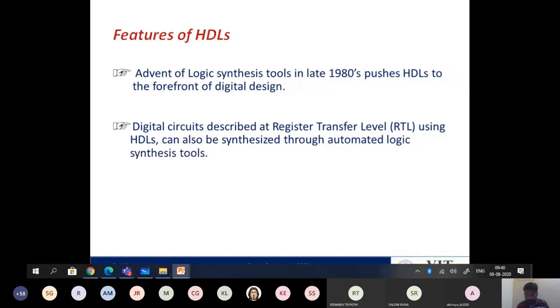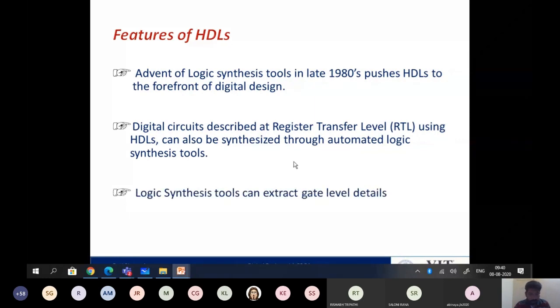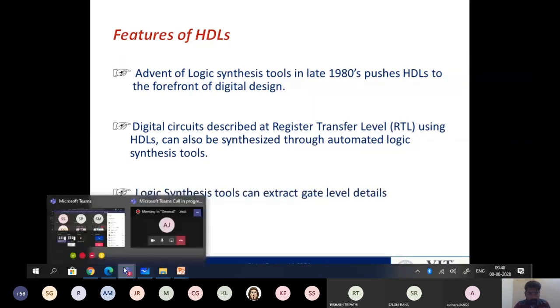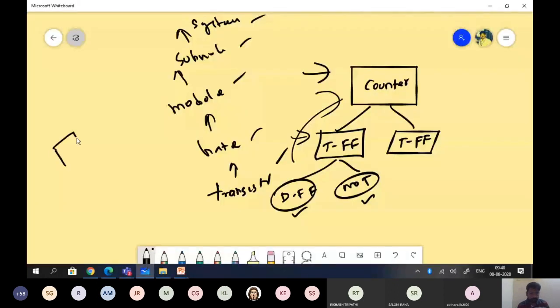Okay, what does RTL stand for? Register transfer level. Okay, so all your hardware will be modeled in this way.